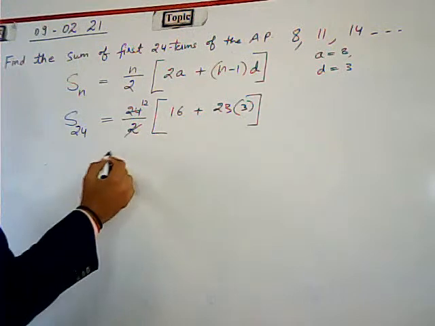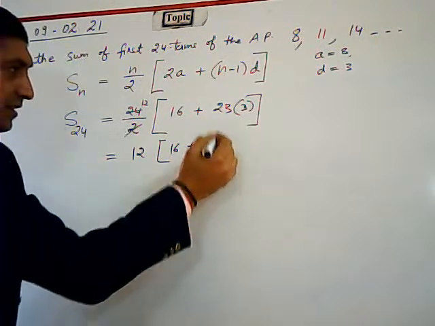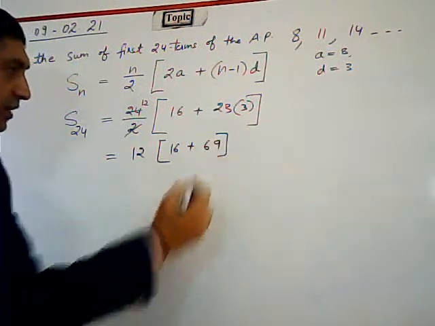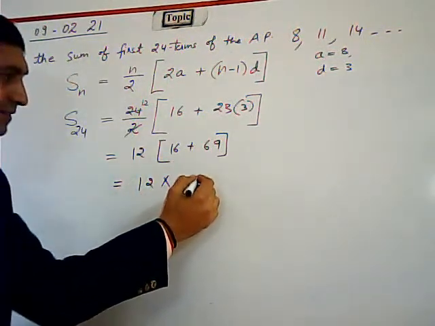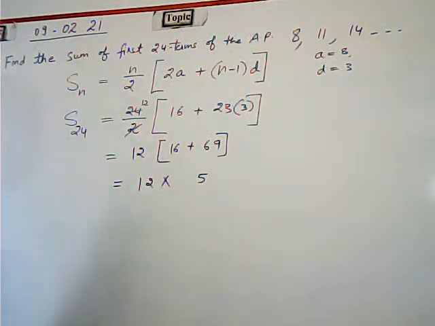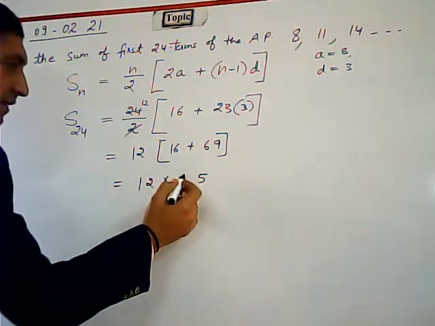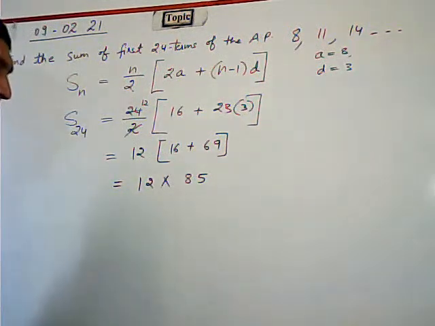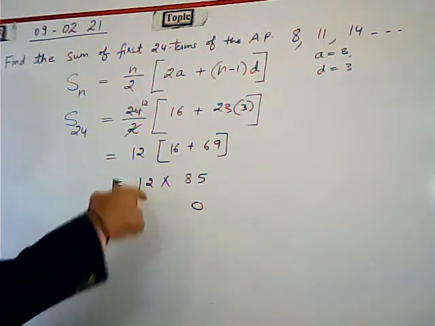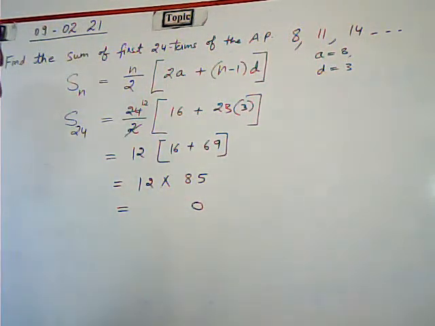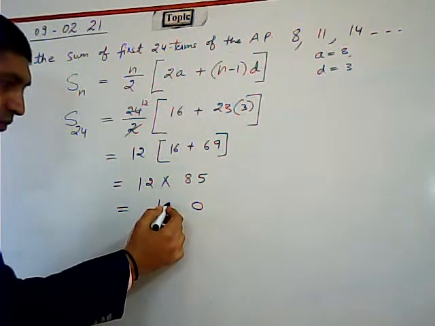That is 12. So here 12 into 16 plus 3 into 23 is 69, right? 12 into 85 is 1020.